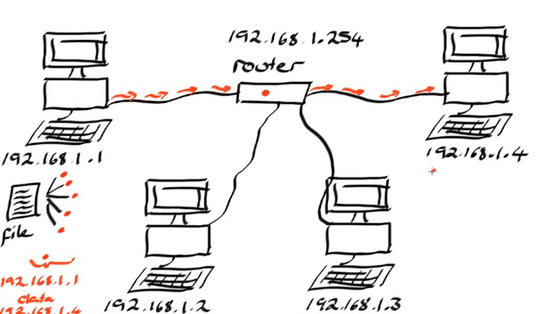In this case they're going to go to the router and then off over to the computer until the computer at the other end has got all those packets, and then the computer 192.168.1.4 can then join all those packets back up together to make the original file again. And that's basically how files and packets are sent over a pretty basic network.